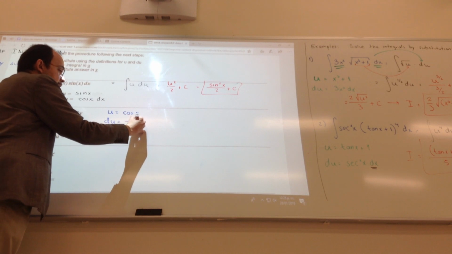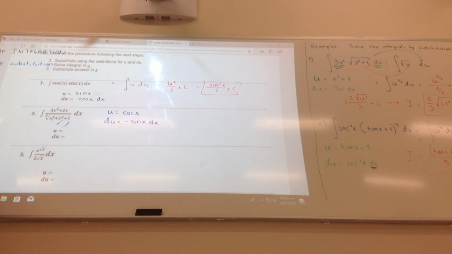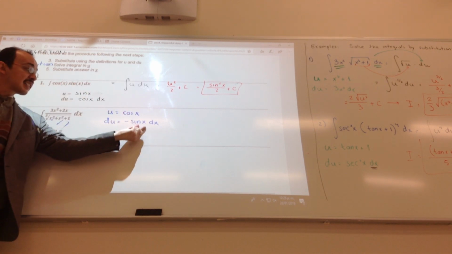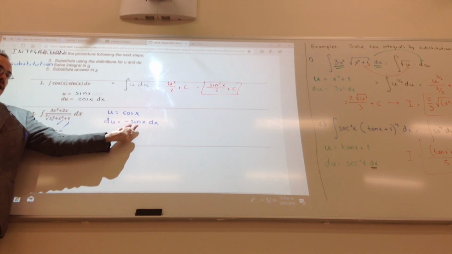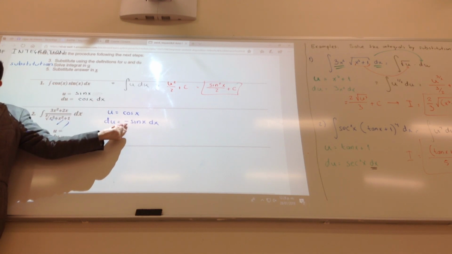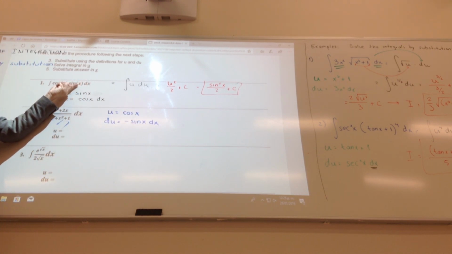Minus sine times dx. Now the question is, observe. Do I have the cosine in my integral? Yes. Do I have minus sine in my integral? Not quite. I have the sine. We don't have the minus, right? But can I modify this so it's the same as in here?